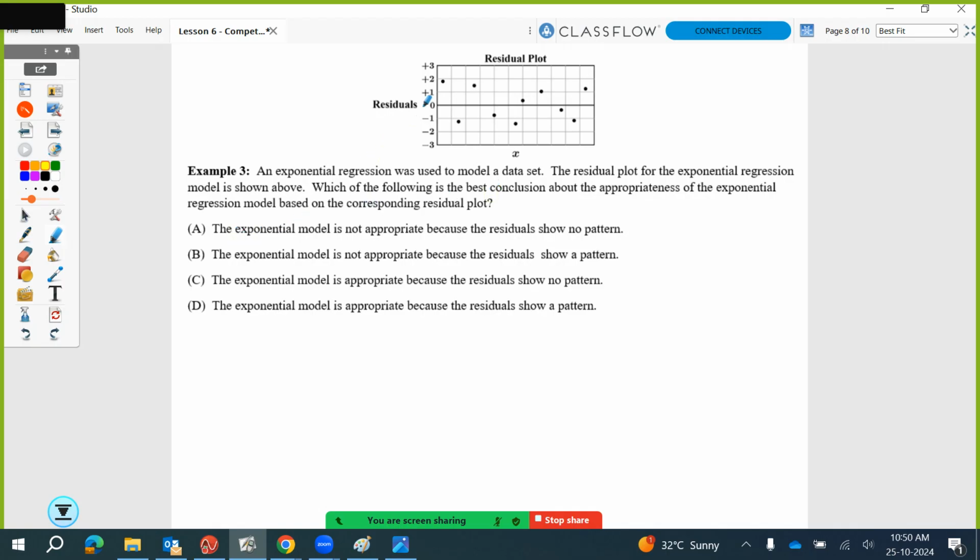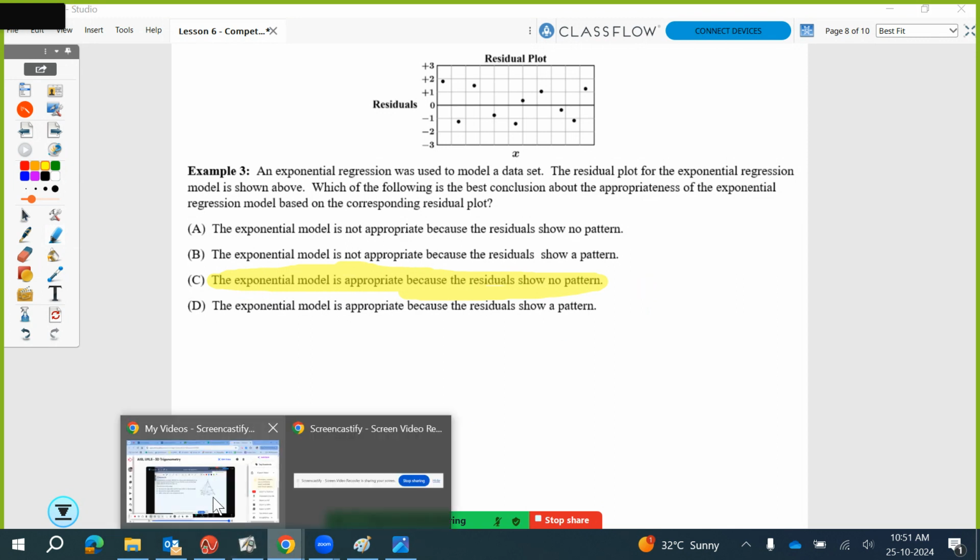What we see here is that we're above, then below, above, then below, below, above, above, below, below. It's very random, and the spacing, the lengths of these, is very random. So this shows that this is an appropriate model for this data set. We would say that the exponential model is appropriate because the residuals show no pattern. This is what we're looking for.